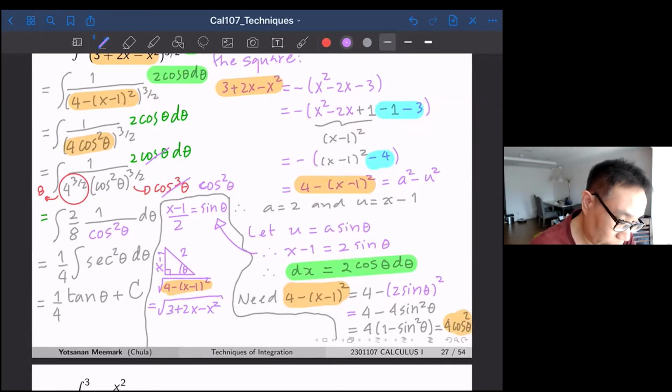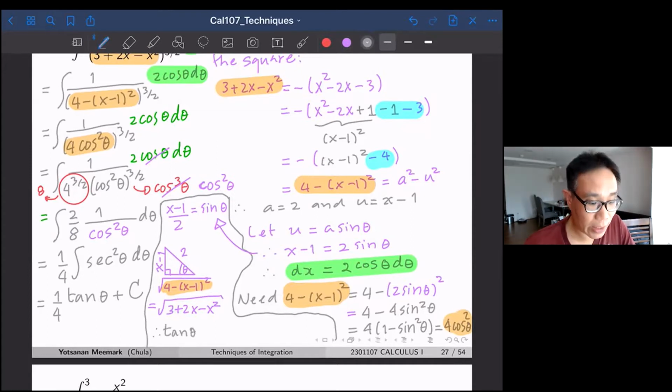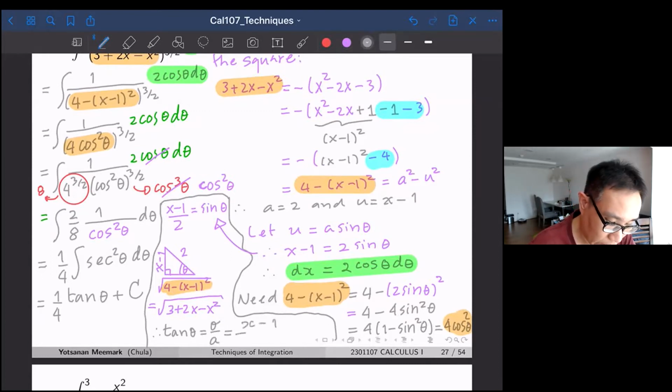And what will be our final answer? So you need tan theta from this triangle. So for tan theta, it's going to be opposite over adjacent. And the opposite is x minus 1. And the adjacent is the square root 3 plus 2x minus x squared.